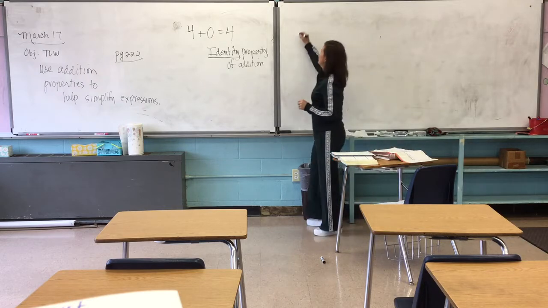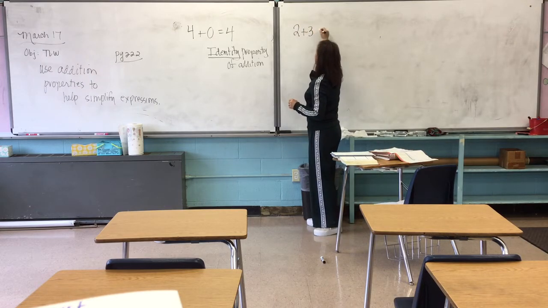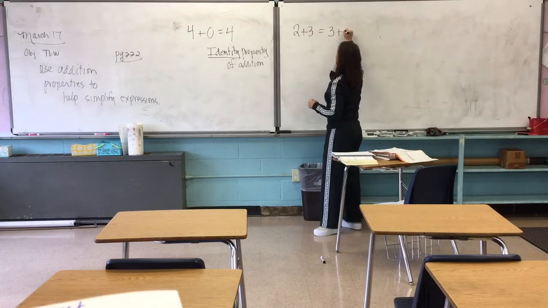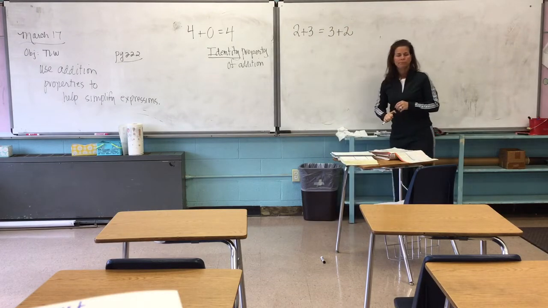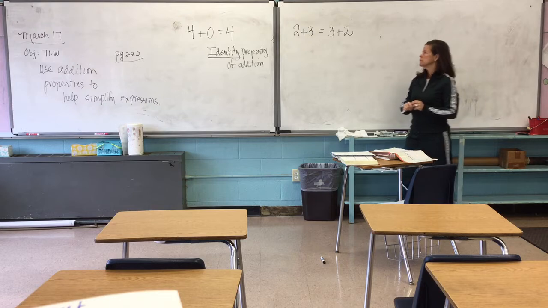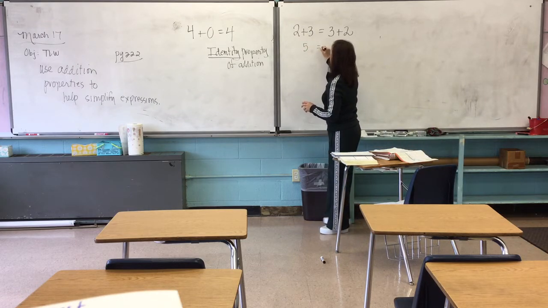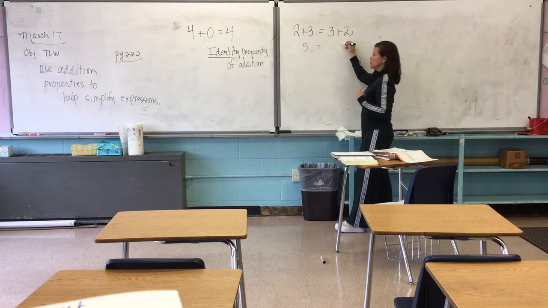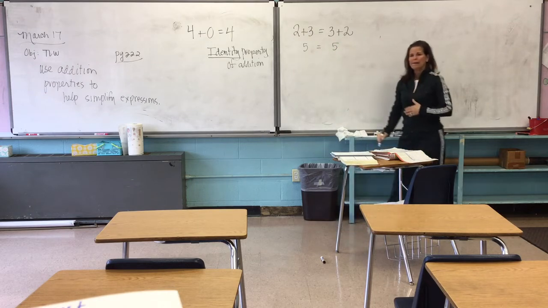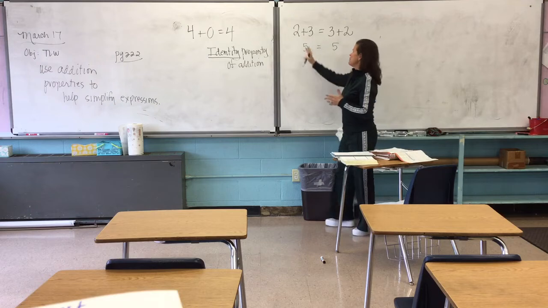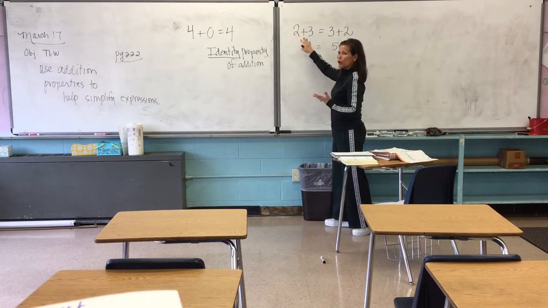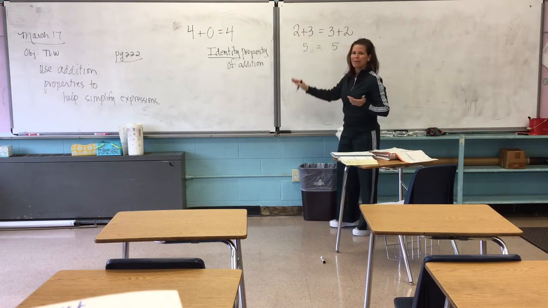True or false? 2 plus 3 is the same as 3 plus 2. Does everybody agree with that? 2 plus 3 is 5. Is that the same as 3 plus 2, which is 5? It's true, right? How is it that I was able to change the order and still get the same number?